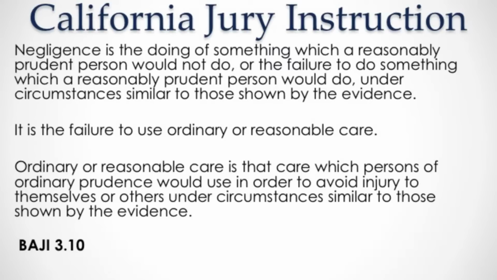Ordinary or reasonable care is that care which persons of ordinary prudence would use in order to avoid injury to themselves or under circumstances similar to those by the evidence. Both are similar, but both are different when you start looking at reasonably prudent versus reasonably careful.